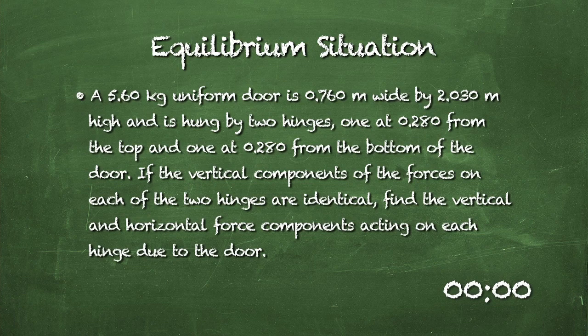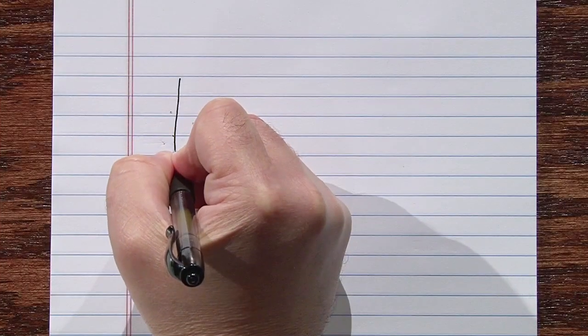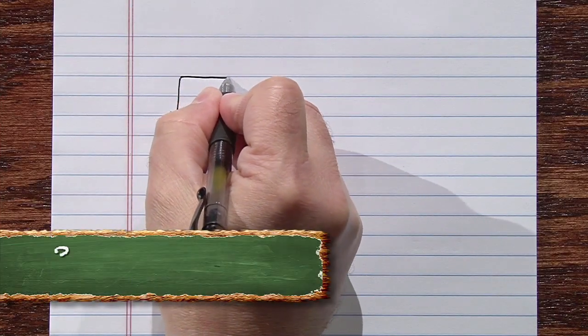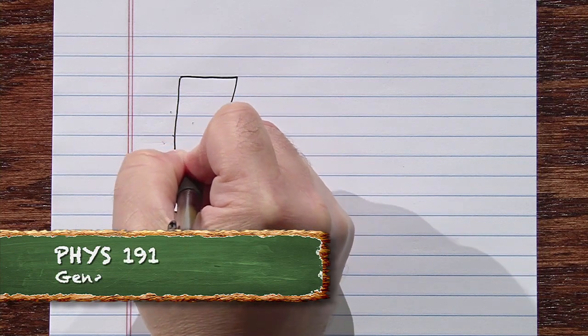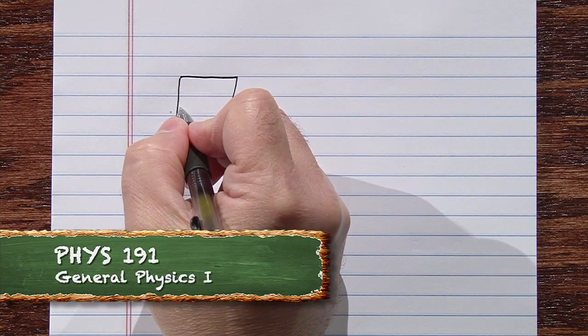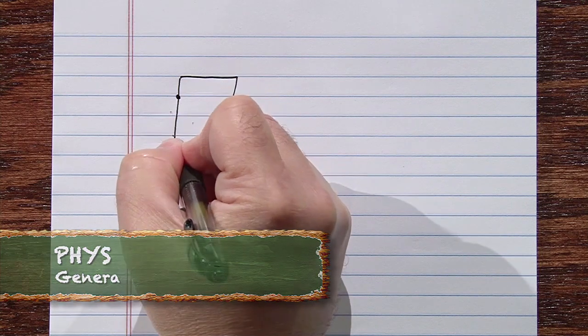Okay, let's draw our door. There's our door. It has a hinge here and a hinge here.